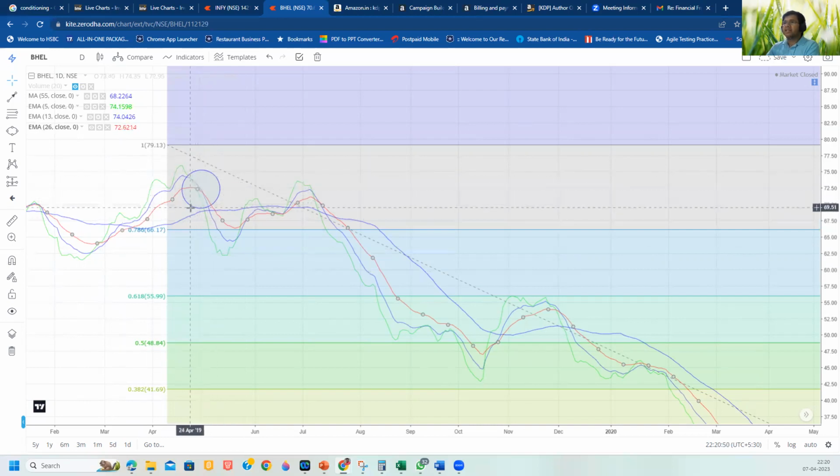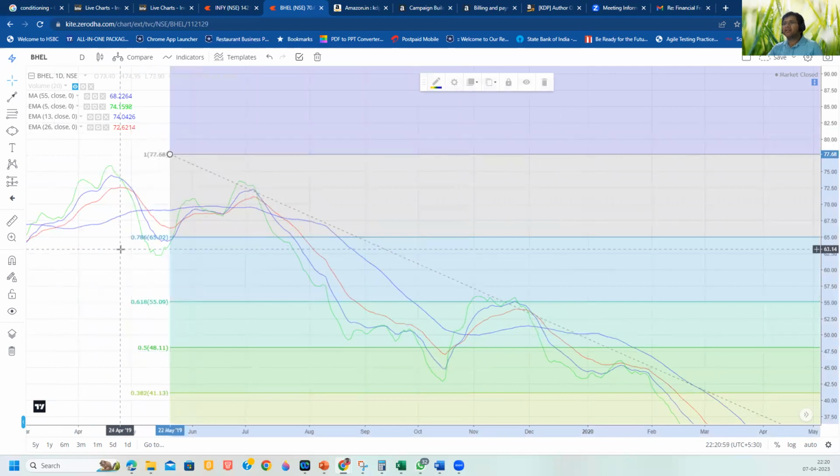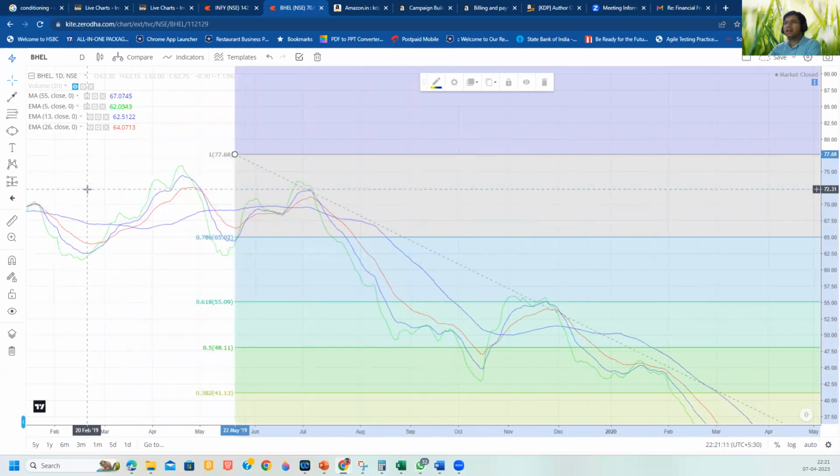So at this price point or at this range, there are some negative crossovers happening. Negative crossover means the EMA line of lower time frame, that is 5, which is green in color, is crossing in a downward direction the EMA line of higher time frame. Higher time frame means 13.